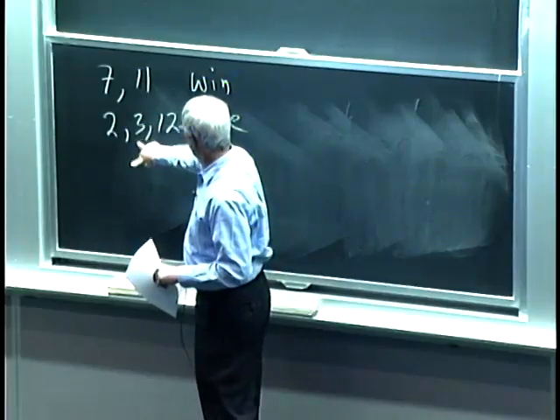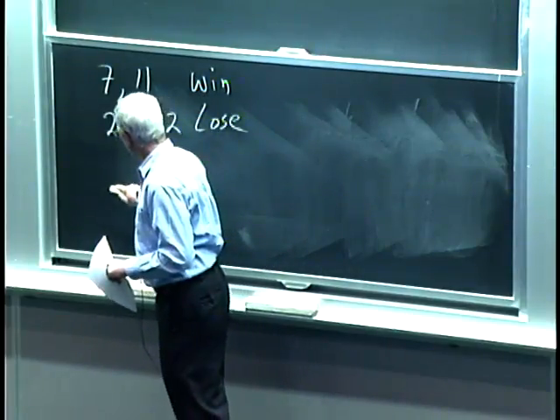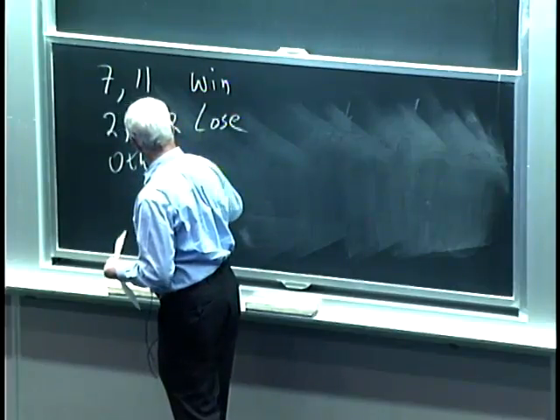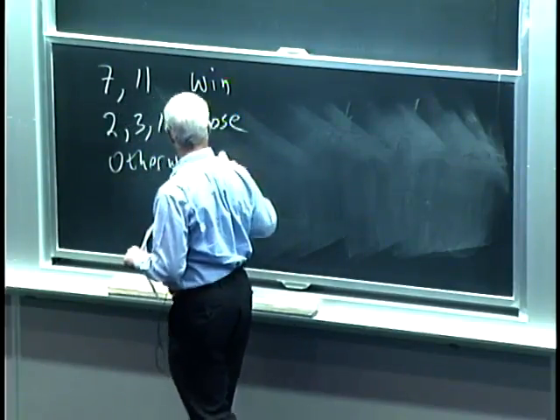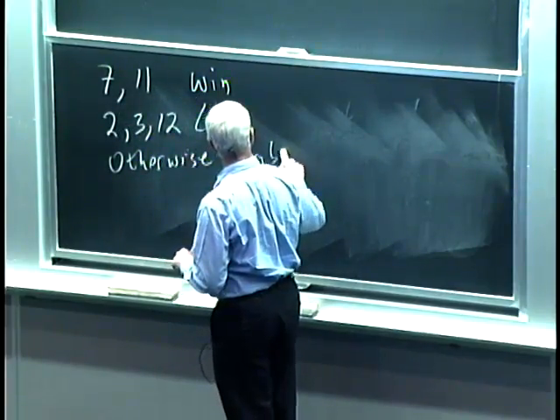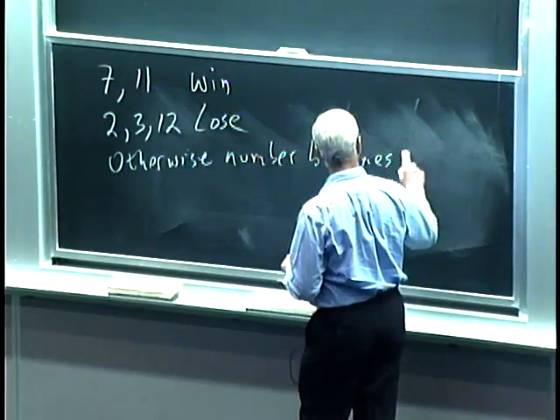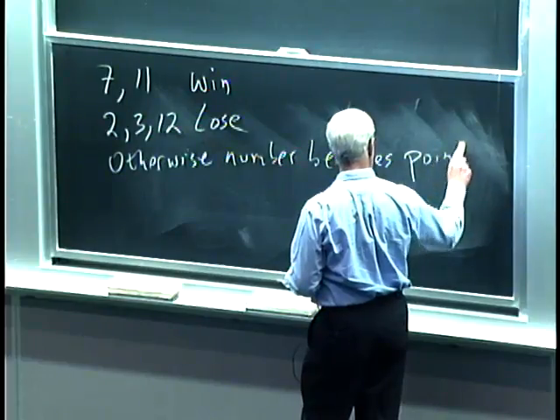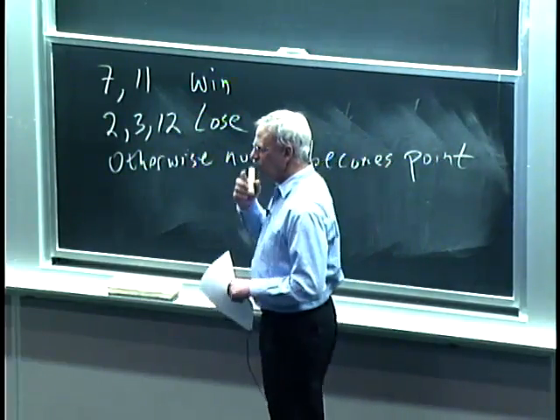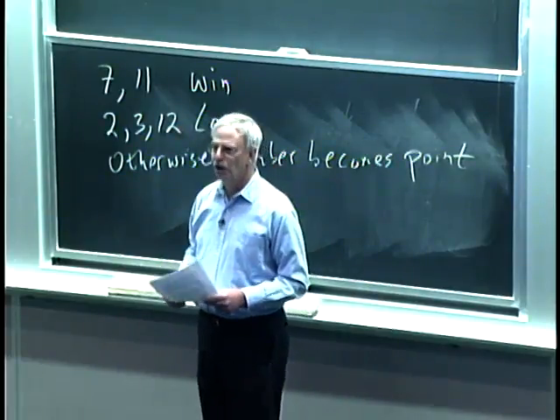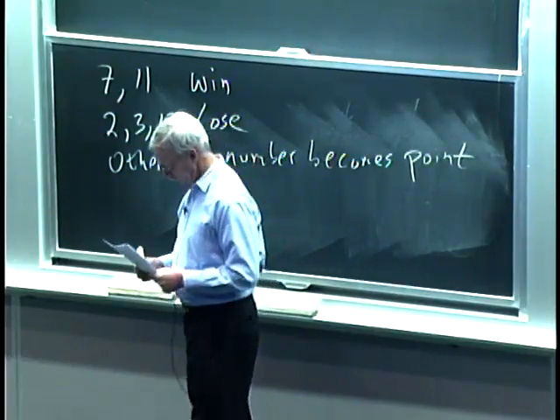If it's not any of these, the number you get becomes what's called the point. Once you've got the point, you keep rolling the dice until one of 2 things happens.